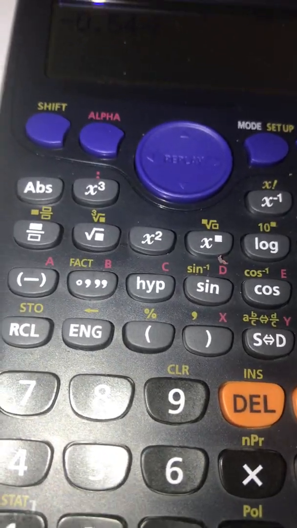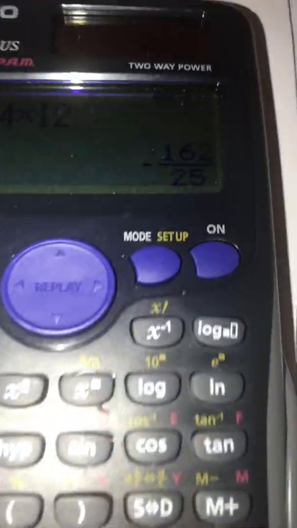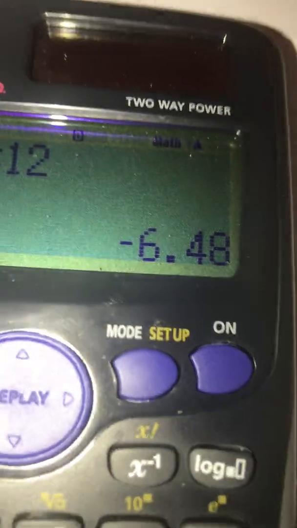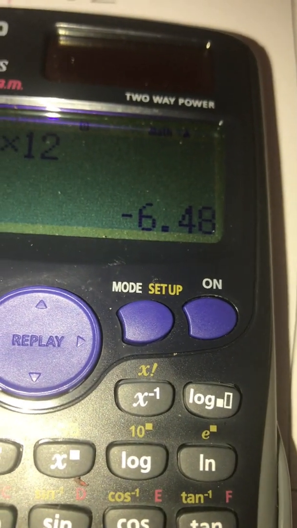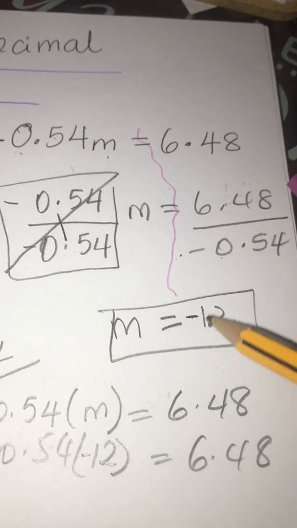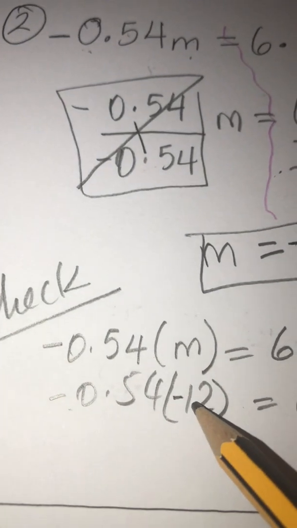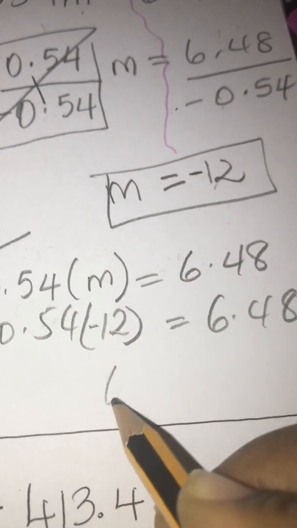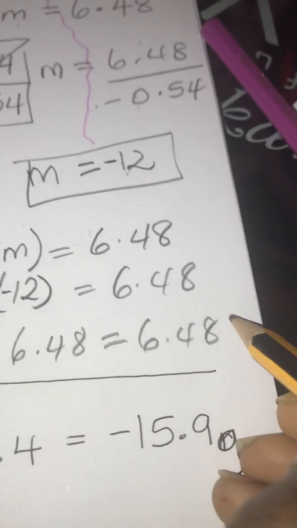What do you get? You multiply by 12. You get the same, sorry, this should be negative 12, because a positive divided by a negative is a negative. So here is negative 12, and a negative times a negative is a positive. So you should get 6.48 equals 6.48, and you check.